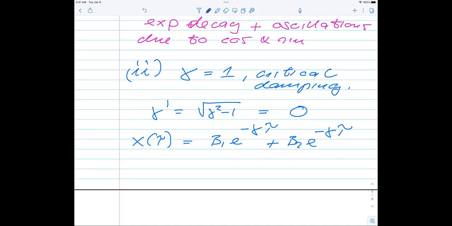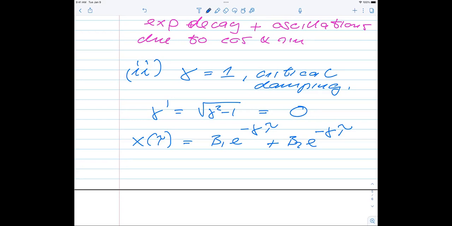Just look at the expression here. So remember that we have a second order differential equation. If you have a second order differential equation, it means that we need two initial conditions to define B1 and B2. We need to define the velocity and the initial position.